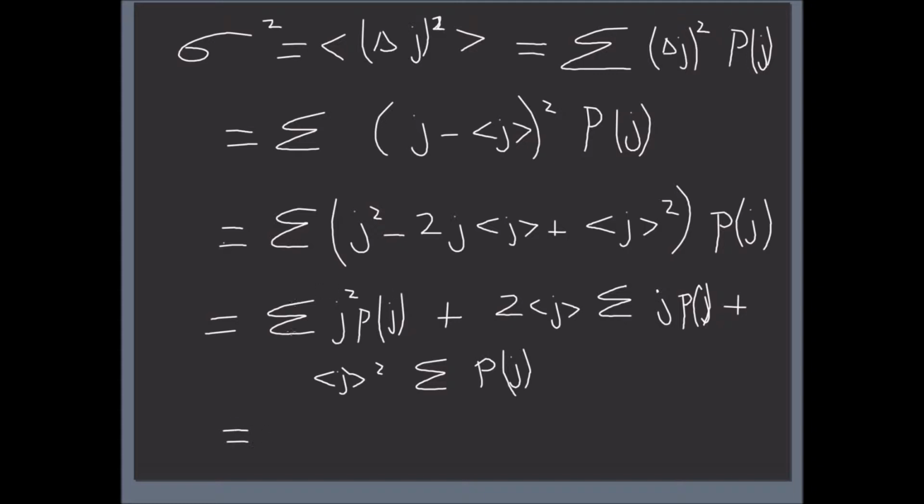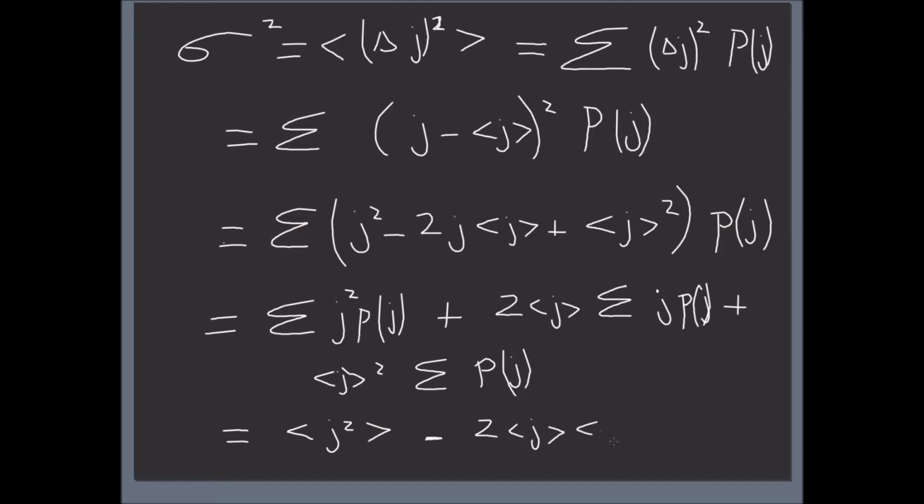What is this piece here? The first one. This is the expectation value of the square of the j's, right? The second piece is 2 times expectation value of j times this piece here, which is the expectation value of j.